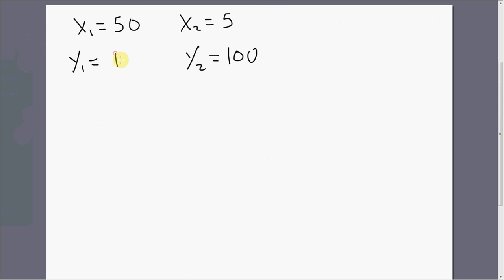Okay, so what we found so far was that consumer 1 will consume 50 units of good X, consumer 2, 5. We found that consumer 2 will consume 100 units of good Y, consumer 1 only, I'm sorry, only 10 units.